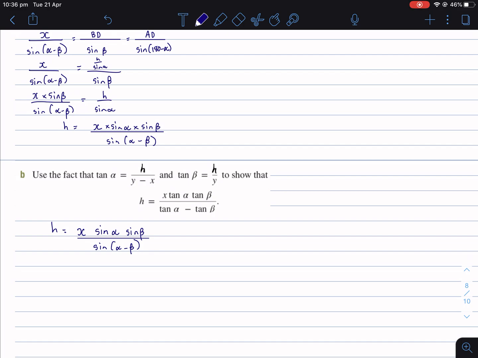And if I've got tan alpha equals h on y take x, then h equals y take x tan alpha. Same with tan beta equals h on y, then h equals y tan beta.